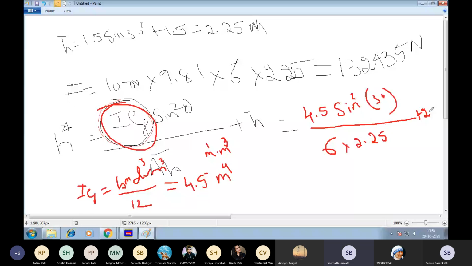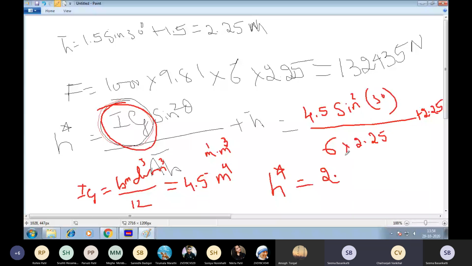Calculate and tell me the value of H star. 2.33.